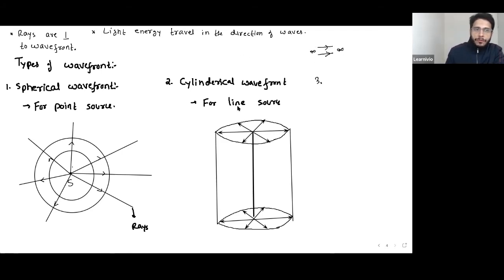This concept of rays we can extend to wavefront, the plane wavefront.